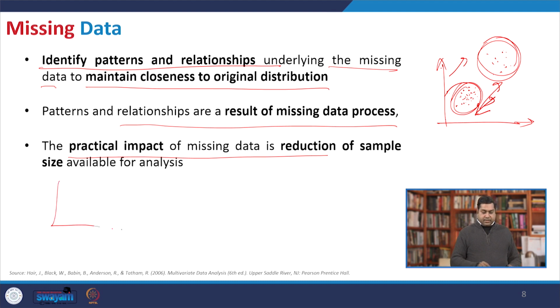Similarly, if it is secondary data, there might be some data errors and different types of missing data. Then either you interpret so that you can retain the sample, or else you have to remove it. So, the first point is very important: you have to identify the pattern of the rest of the data, and then decide on the missing data to maintain the closeness.